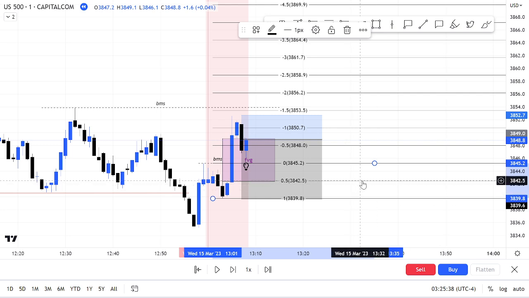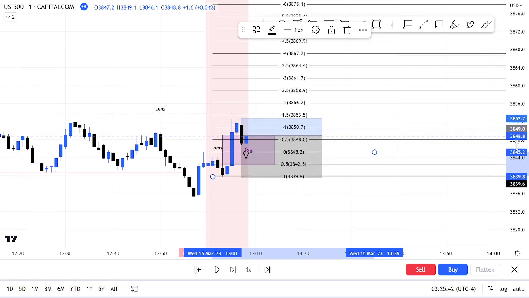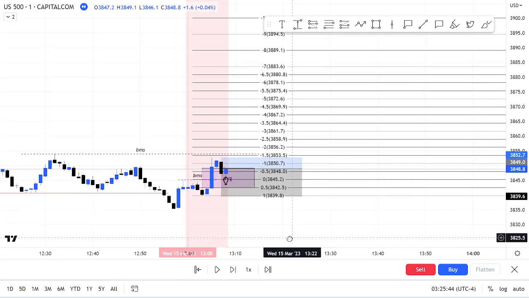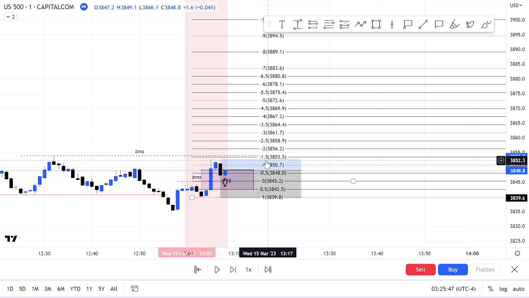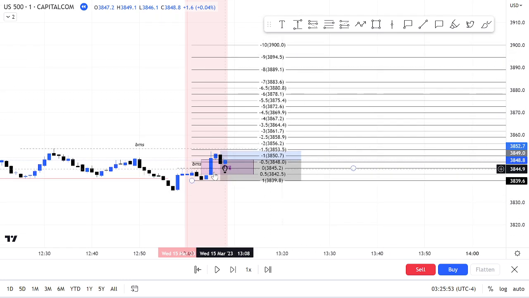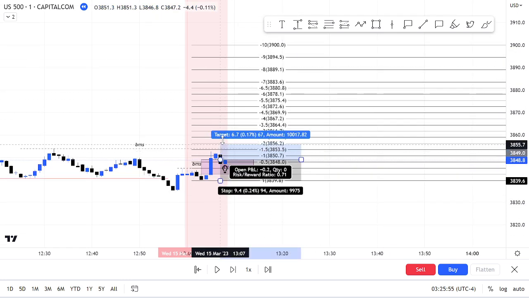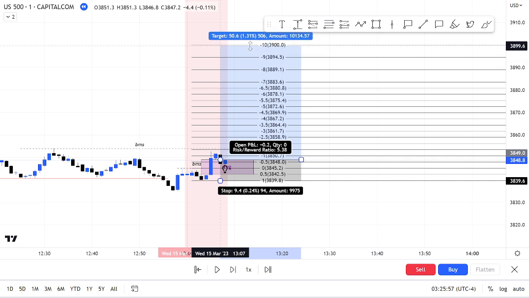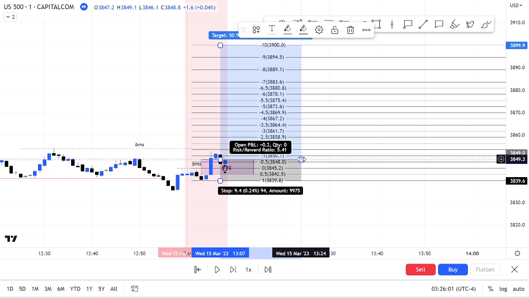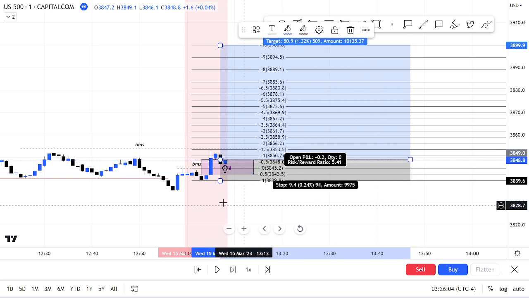So I would have premium then discount, and then now I have levels: negative 0.5, negative 1, negative 1.5, negative 2, negative 2.5, all the way up to negative 10. If it's a very trendy market, price can trade up to the negative 10. It's very possible in these types of markets. That's why I really love futures.